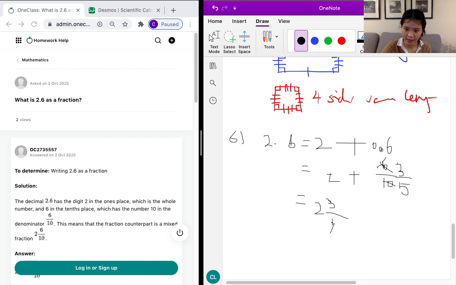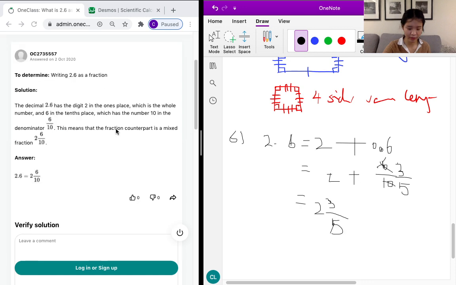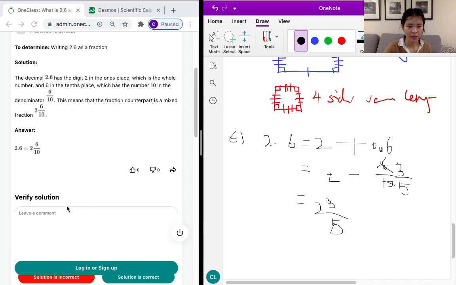Cool. So 2.6 is equal to 2 and 3 over 5. Let's look at the sample solution here. The sample solution says the same thing, except they didn't simplify 2 and 6 over 10. We also simplified 2 and 6 over 10, and they didn't simplify, but it's also correct.